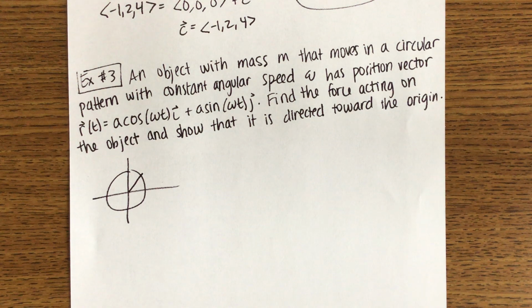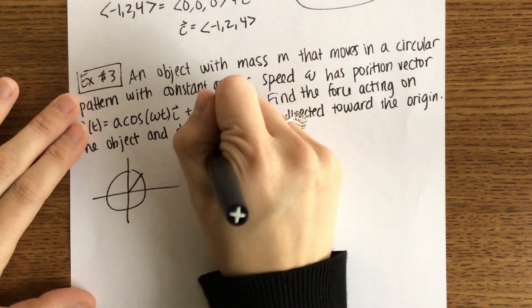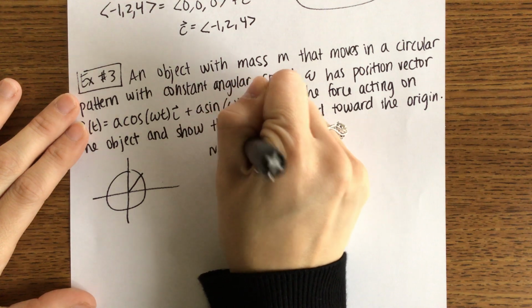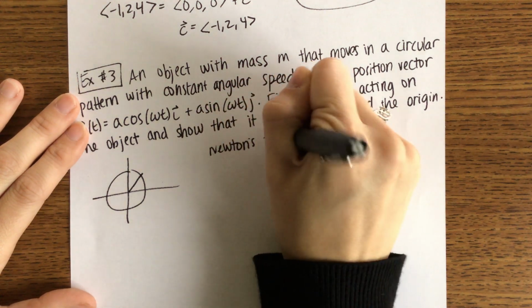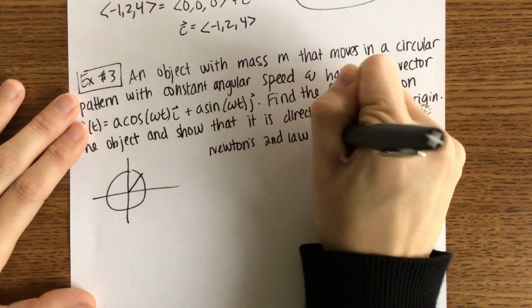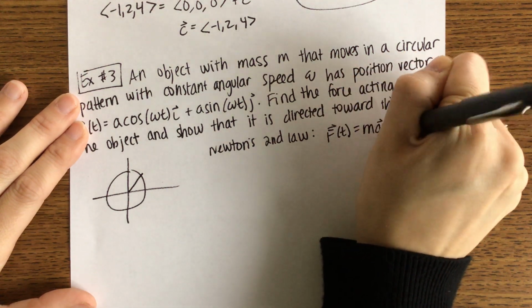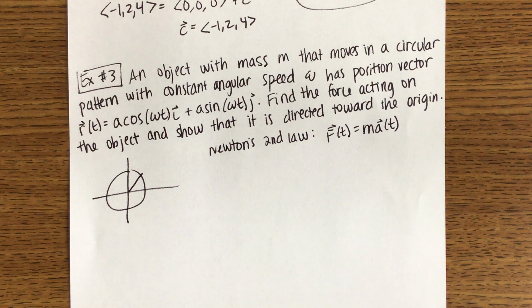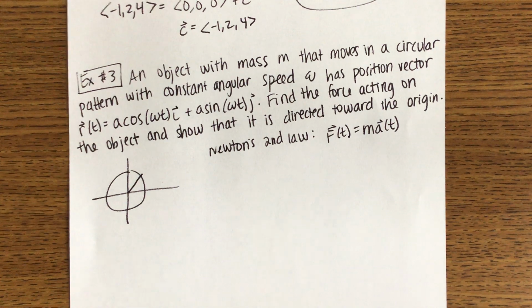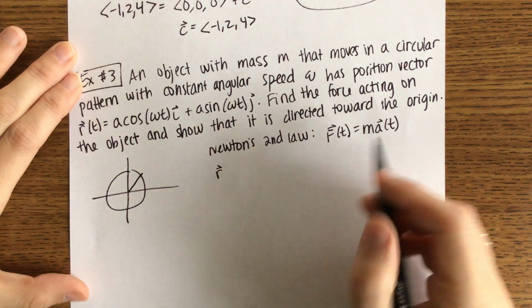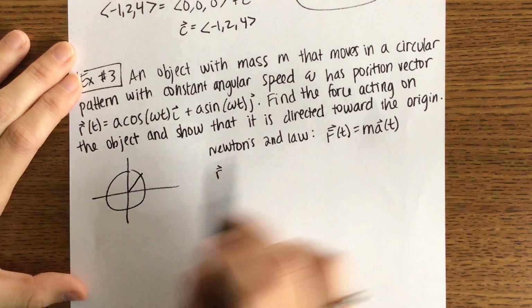Newton's second law. So F of t is equal to m times a of t. In order to use Newton's second law, we're going to need to find acceleration.